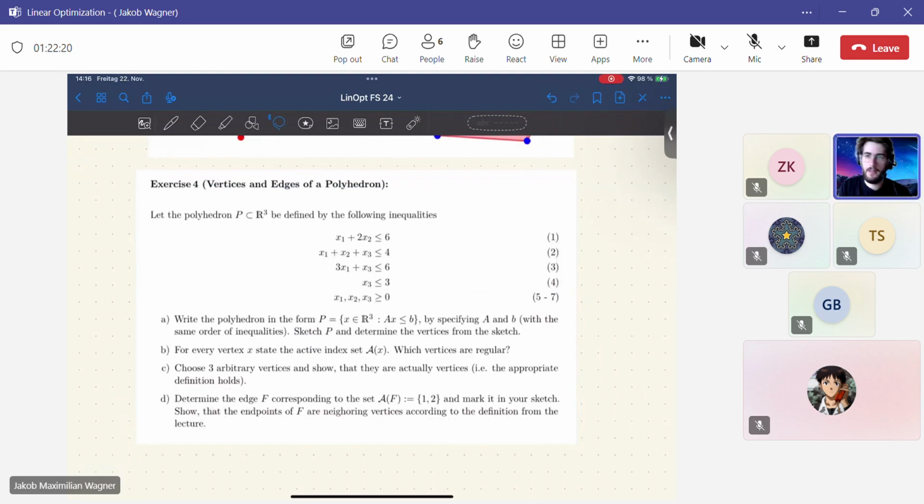So we have here now a pretty specific example. So we have a bunch of inequality constraints, which are numbered 1 through 7.